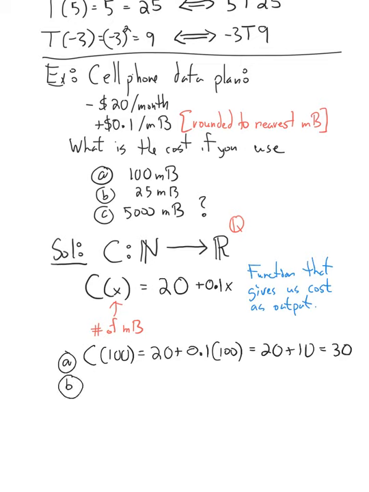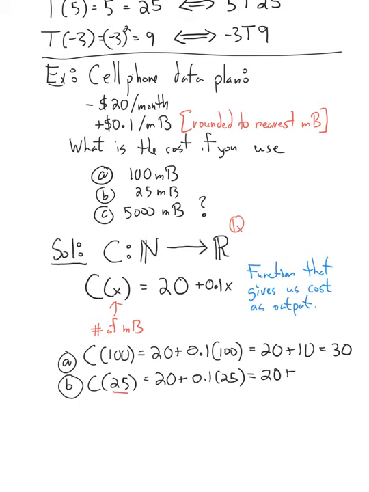In your second example, we have C of 25. So this is going to be 20 plus 0.1 times 2.5. So that's 20. Or sorry, I did a calculation here when I shouldn't have. That's the next step. We're just plugging in, so this should be 25.